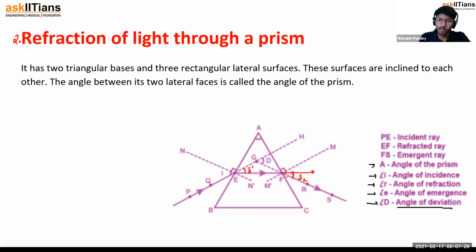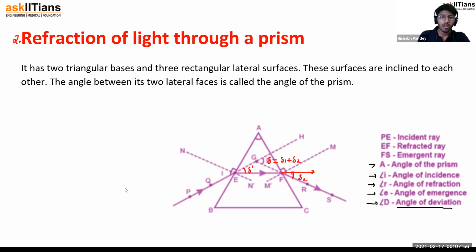Combining these two, this is delta, which is a combination of delta 1 plus delta 2, isn't it? There are 2 points where this ray was deviated. Here the first deviation is delta 1, the second deviation is delta 2, and the sum of the total deviation is delta, where delta is equal to delta 1 plus delta 2.